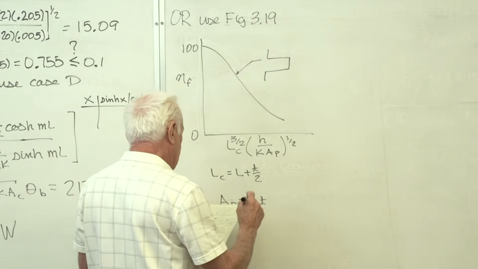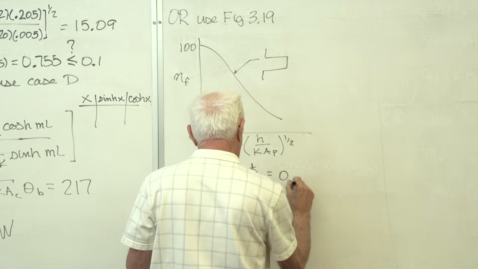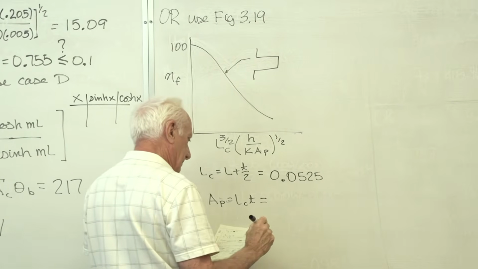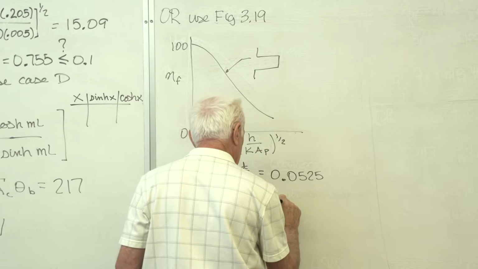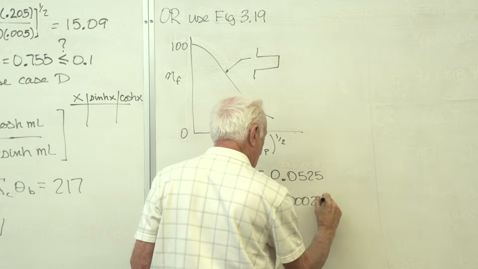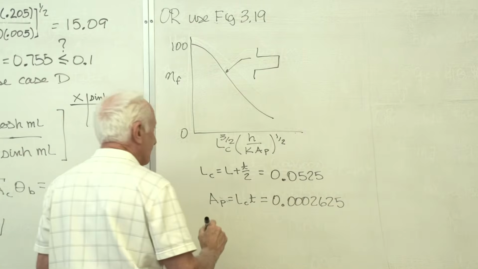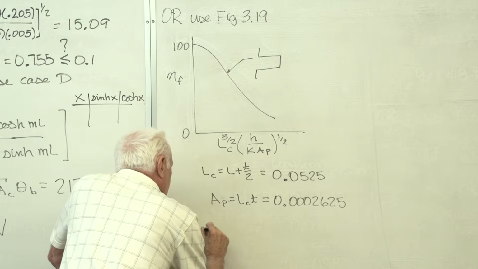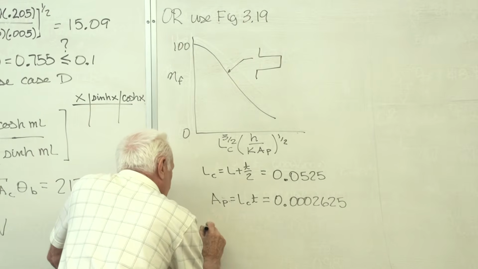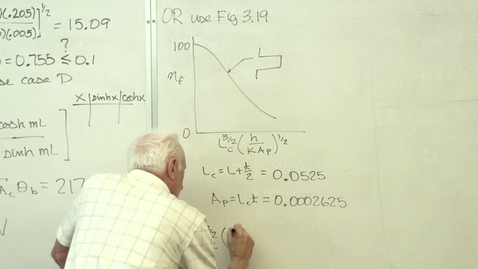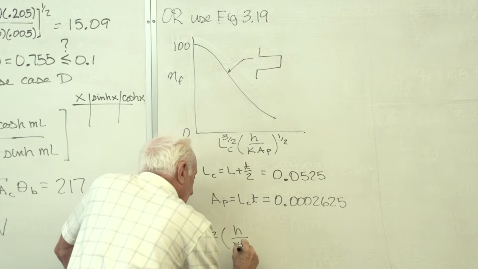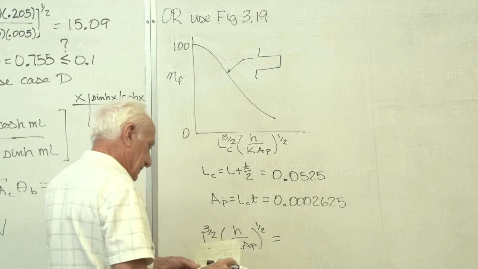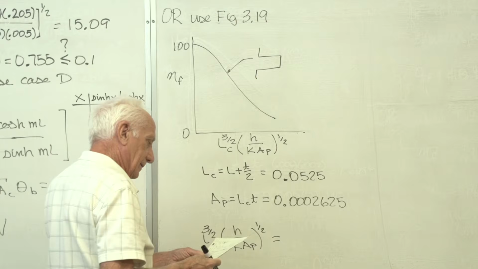Okay, let's get L sub C first of all, and then we calculate the profile area, 0.00026 25. Now we get the x variable, L sub C to the 3 halves, h over k A P to the 1 half, and I get 0.553.